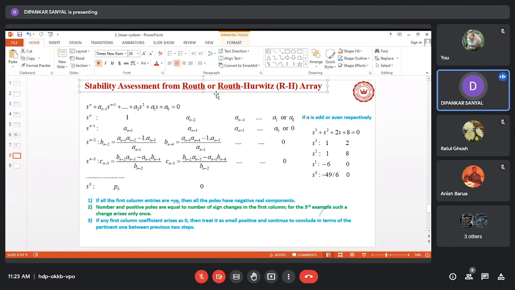But if the coefficient of the first line stops at a1, then the coefficient of the second line stops at a0. Okay, so these two happen only when n is odd or even respectively.